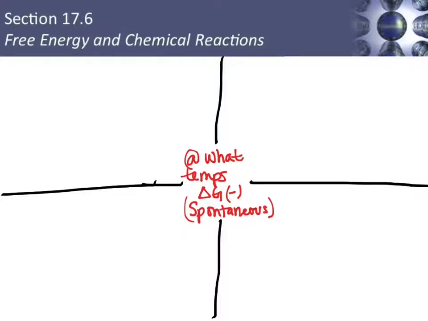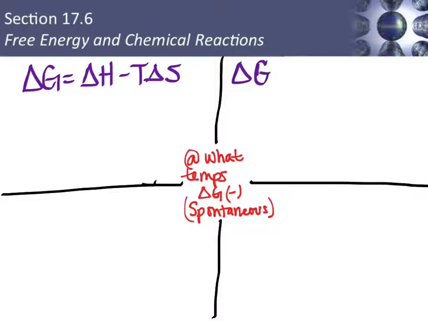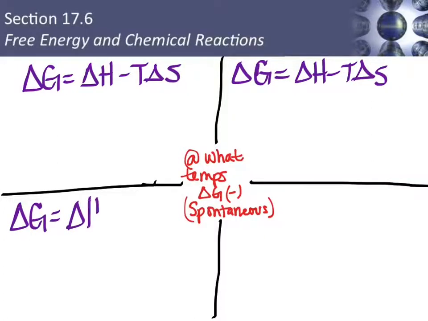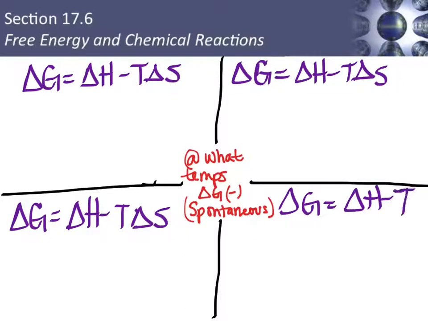At each one of these equations on my chart, I'm going to put delta G is equal to delta H minus T delta S, and we're going to take a look at this with different situations.